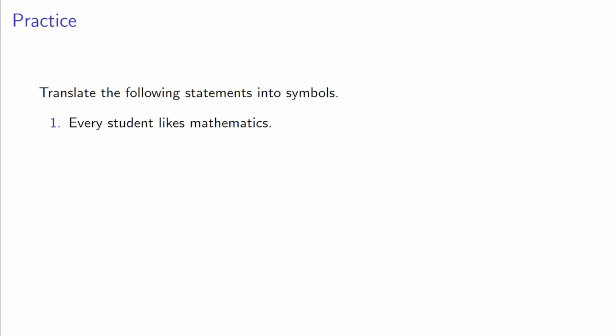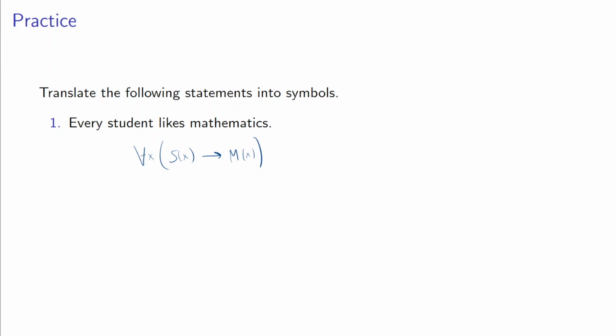So let's try this example. Every student likes mathematics. Here we have two predicates, x being a student, which we'll write as S of x, and M being likes mathematics. So we could say for all x, if S of x, so if we've got a student, then M of x, then that x likes mathematics.